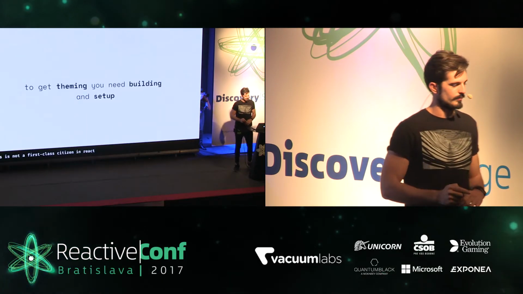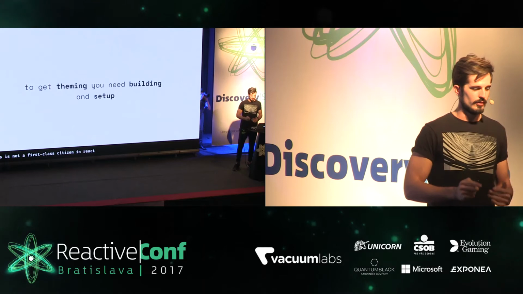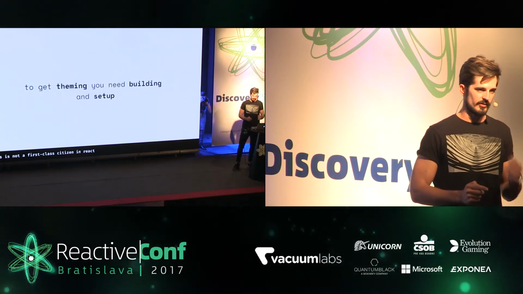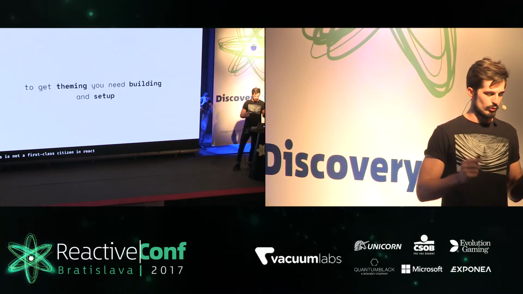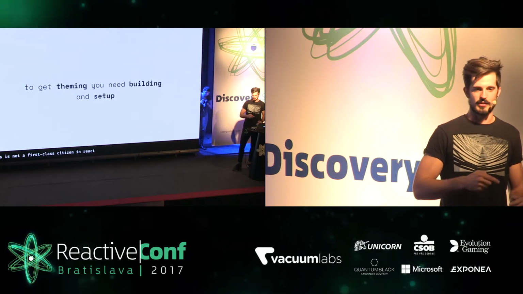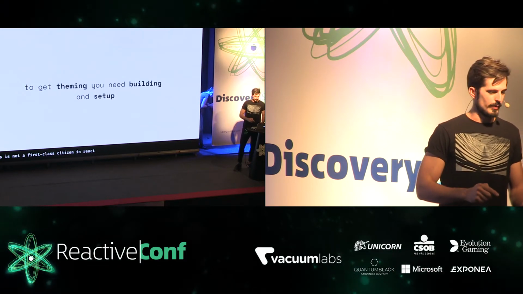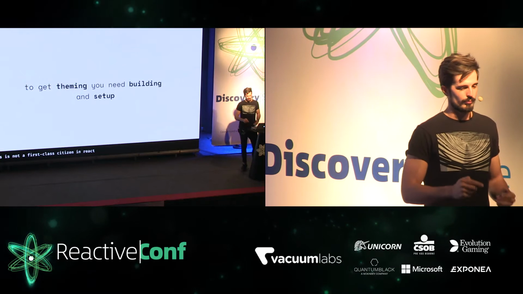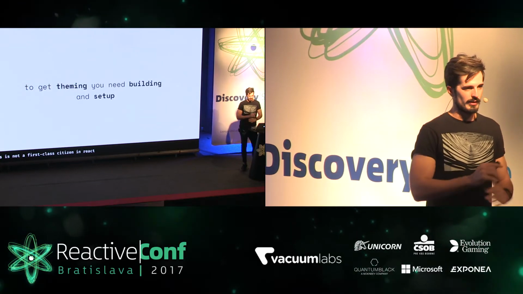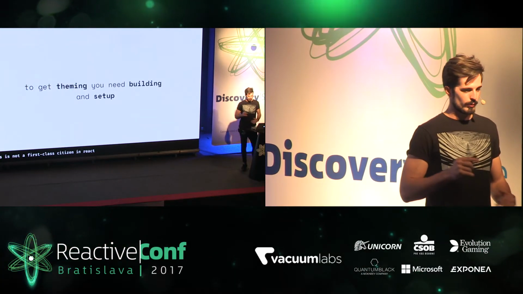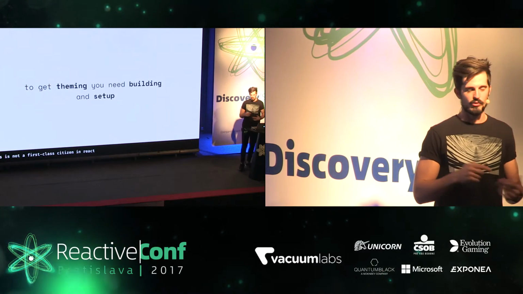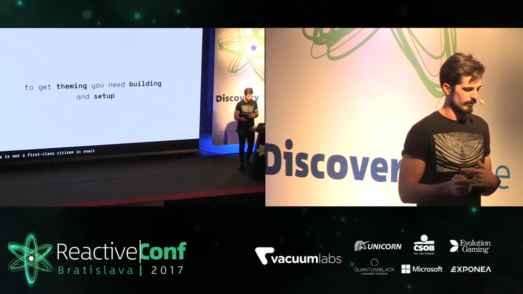Like, for example, to get theming, you need building and setting up. You have, of course, in CSS, these custom properties. But custom properties are not supported by any browser. So you probably will need to use something like PostCSS or whatever to transform the whole thing.